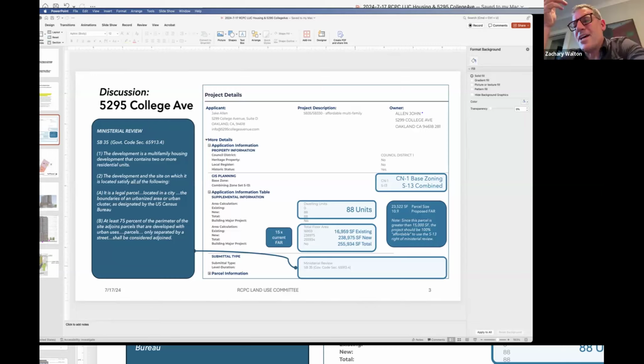Isn't a key question whether a hotel is a permissible use under the zone? It's not conditionally permitted. It's not permitted in any way. Correct, it would require rezoning. Right. And so I have this threshold question about whether this process could apply at all, never mind what you think about it.